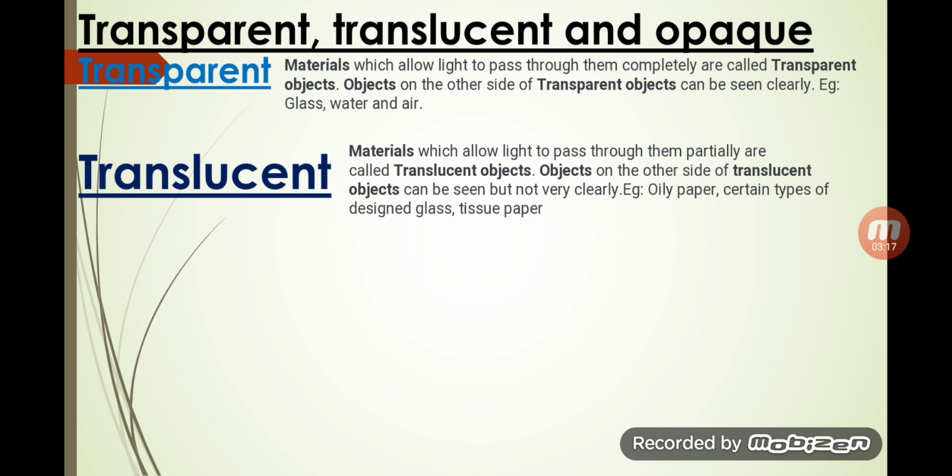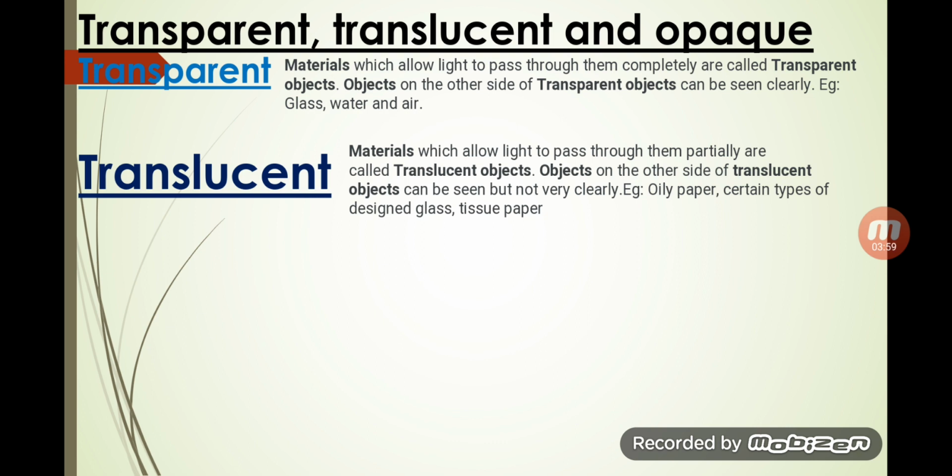In a transparent object light will pass completely, but in this type light will pass partially; these are called translucent objects. And on the other side, the object can be seen but not very clearly. Like dusty glass, like milk, you can see, but it will not be very clear. You cannot see a very clear image through the milk, through the dusty glass.